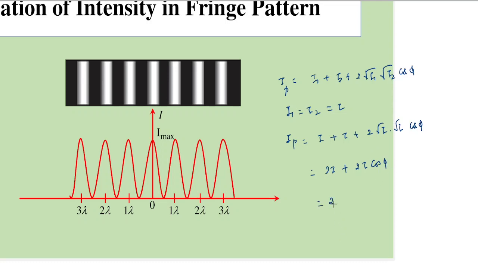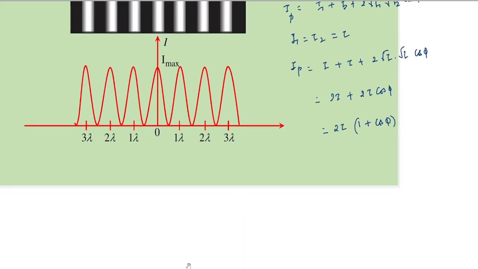If we pull out 2I common, what remains is 1 plus cos phi. So the intensity at any point is equal to 2I into (1 plus cos phi).